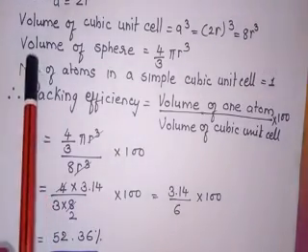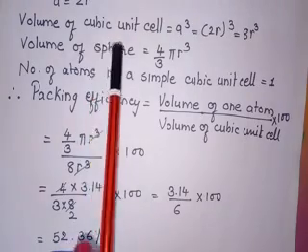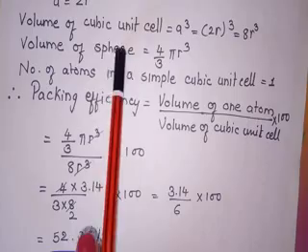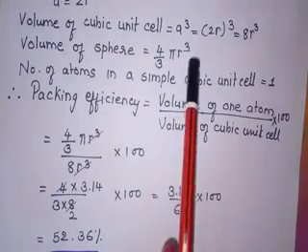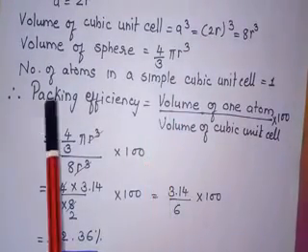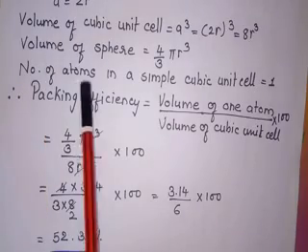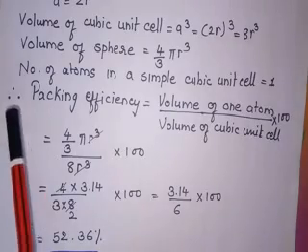Now we have already studied in lower classes that an atom is considered spherical, and the volume of a sphere is 4 by 3 pi r cube. If you don't remember this formula, try to learn it. In case of a simple cubic unit cell, the number of atoms is equal to 1.